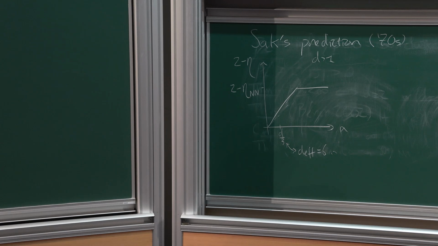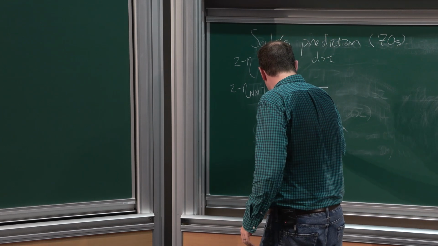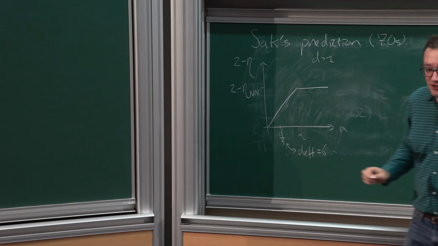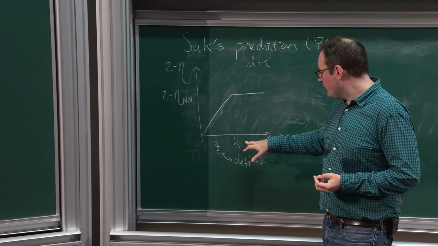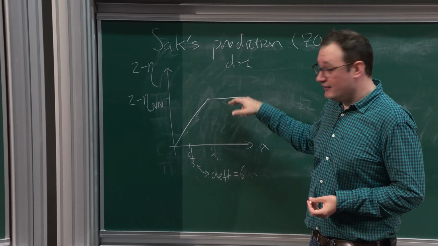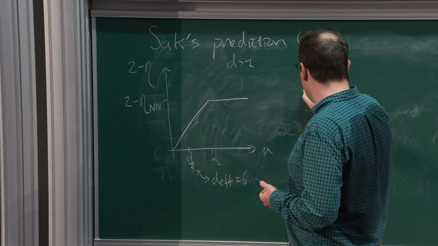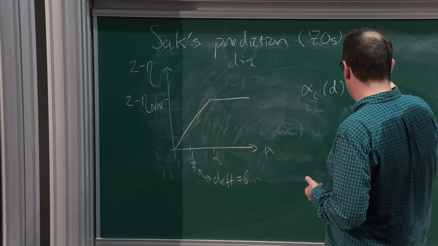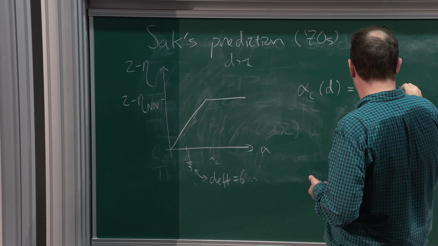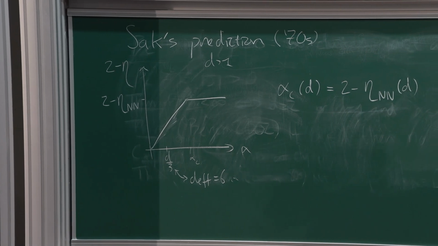And so in particular, according to this prediction, you get this value alpha c, which is called the crossover value, which is where you transition between the effectively long-range and effectively short-range behavior. And alpha c should be given by 2 minus the nearest neighbor value of eta, both of which depend on the dimension.